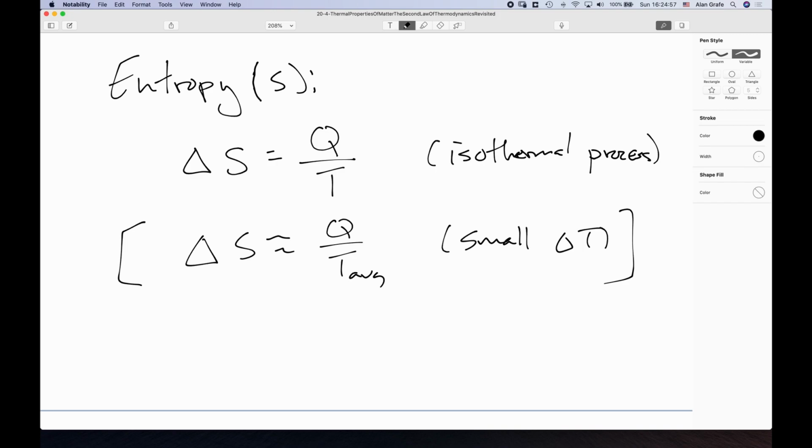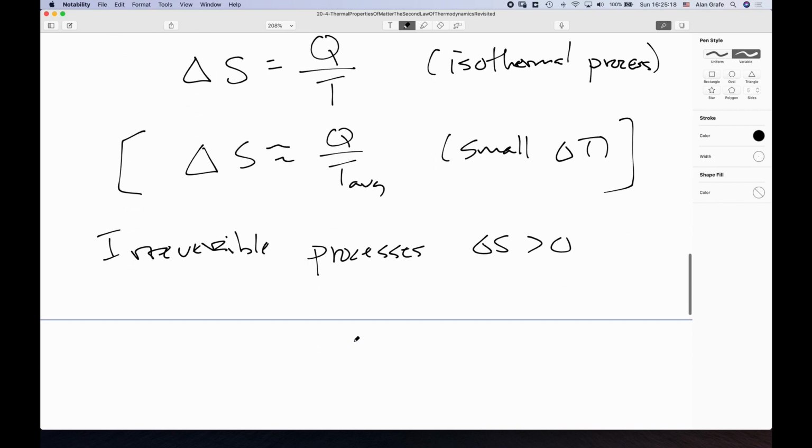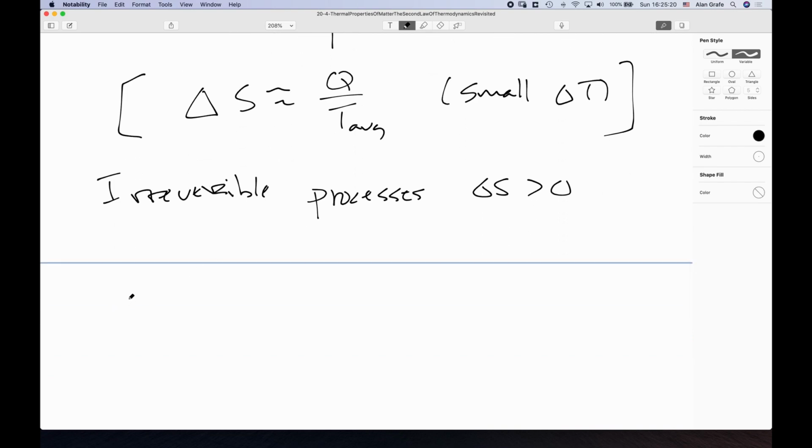And so the other big deal, though, is, like I said, since we want entropy to be a number that was increasing as irreversible processes occurred, we needed the entropy to be what's called a state variable.